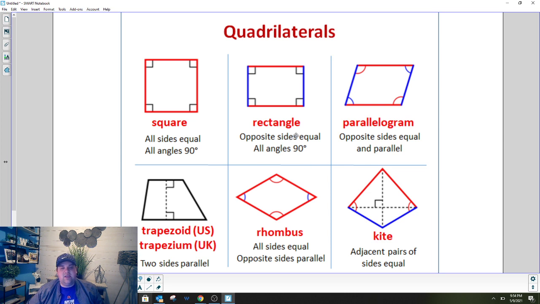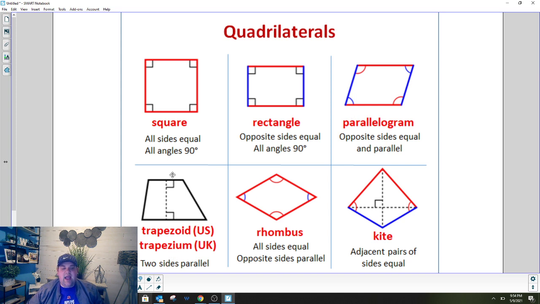They're different than a square because they have different sides opposite from each other. And all angles, just like squares, are 90 degrees. Parallelograms have opposite sides that are equal and opposite sides that are parallel to each other. These are different from rectangles because the angles do not have to be 90-degree angles.